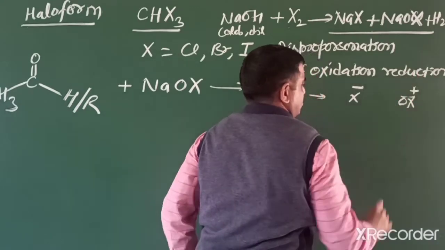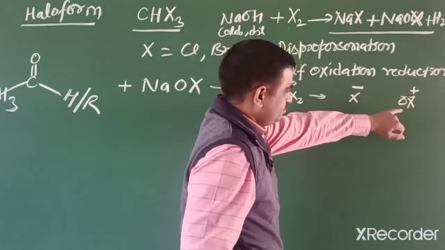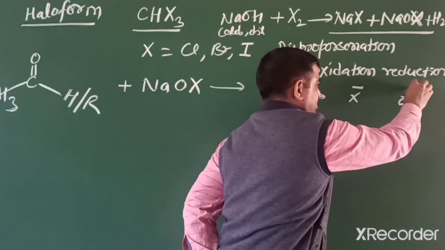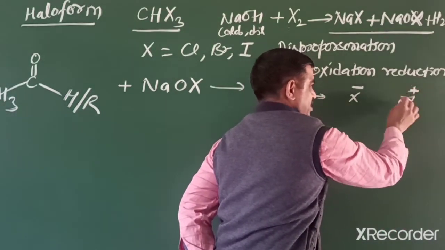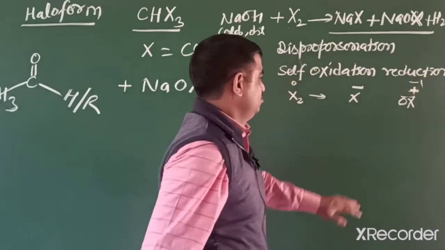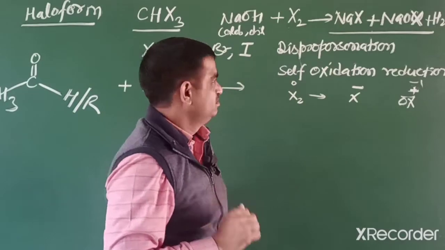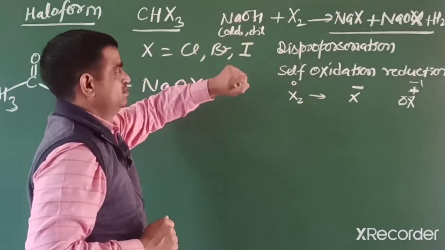In this hypohalite ion, the halogen is positively charged and the overall charge is -1. So it is oxidized as well as reduced in this reaction.